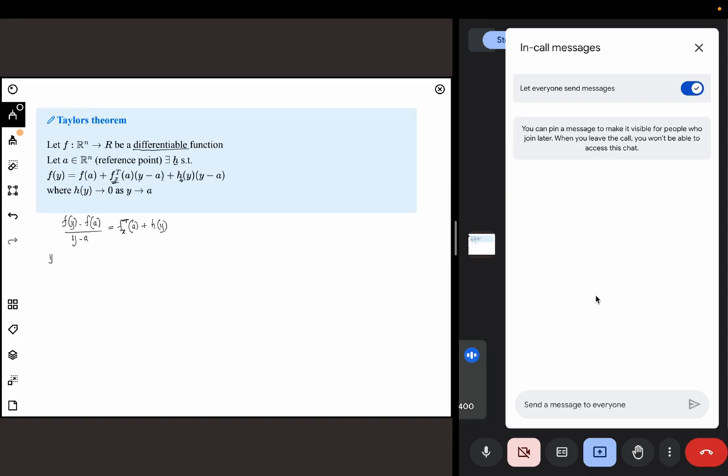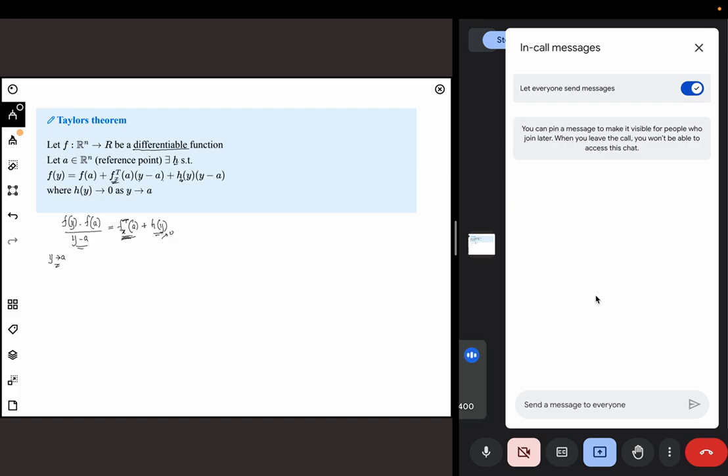Now if you apply y tends to a, this will tend to 0, and this will be f_x transpose a, which is the derivative we already know from before. So as you go close to the reference point, the rate at which the value of the objective function goes to the value at the reference point will be equal to the rate at which you go close to this one. Both will be the same at the rate defined by your gradient vector. This is a straightforward thing, and we will use this later to come up with all the conditions.